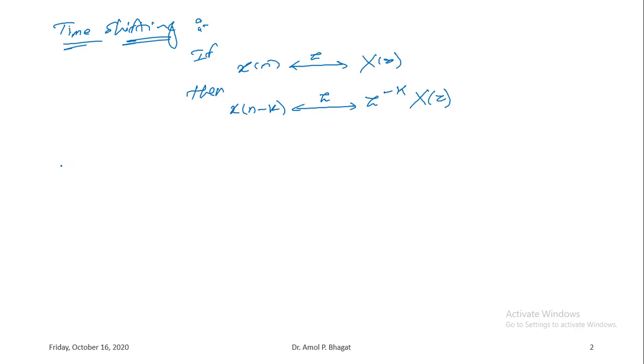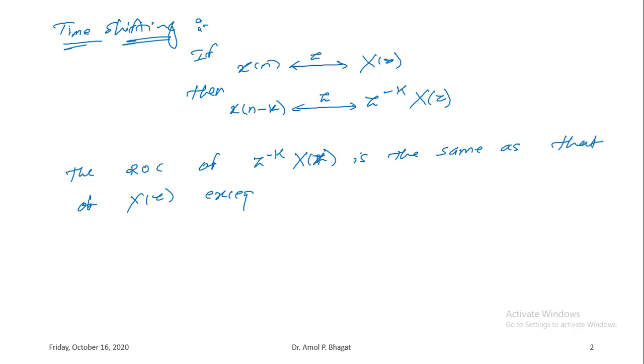So the ROC, that is the region of convergence of this Z transform, z to the power minus k into X of z, is the same as that of capital X of z, except for z is equal to 0 if k is greater than 0, and z is equal to infinity if k is less than 0.